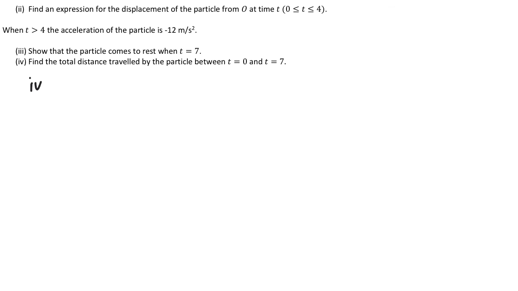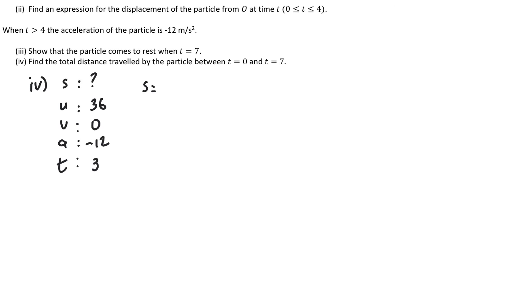So in part 4 we're asked to find the total distance. Now if we consider the last 3 seconds first of all, because it's constant acceleration and we've just figured out some of the information, we can do that. So we're trying to find the distance, so we'll let s equal question mark. The initial velocity was 36, final velocity is 0, the acceleration is -12, and the time taken was 3 seconds. So we could really use any of our suvat equations.